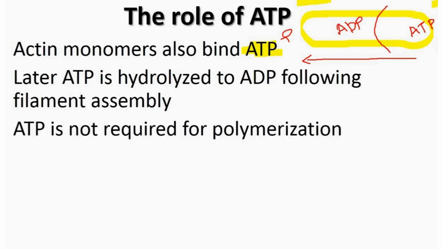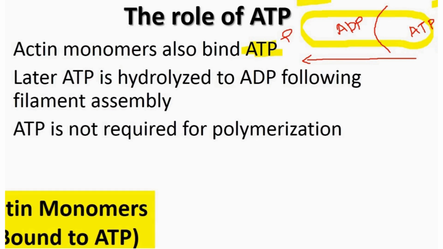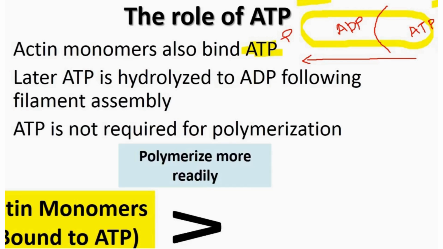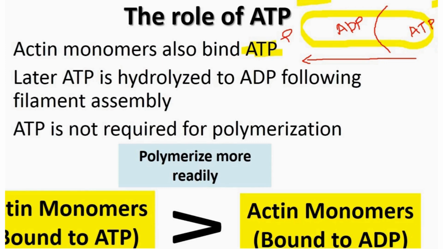So, ATP is not required for polymerization. Actin monomers that are bound to ATP will polymerize more readily than the actin monomers that are bound with ADP. So, when it comes to polymerization, ATP bound monomers are better favored than ADP bound monomers.